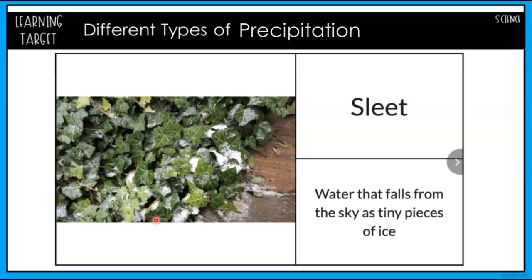A lot of times it looks more like snow to us, but this is sleet. And sleet is water that falls from the sky as tiny pieces of ice. So maybe some of you all have seen sleet, and if you have, that's awesome. It's a mixture between pieces of ice and water. It's kind of maybe even slushy, like a slushy kind of precipitation.